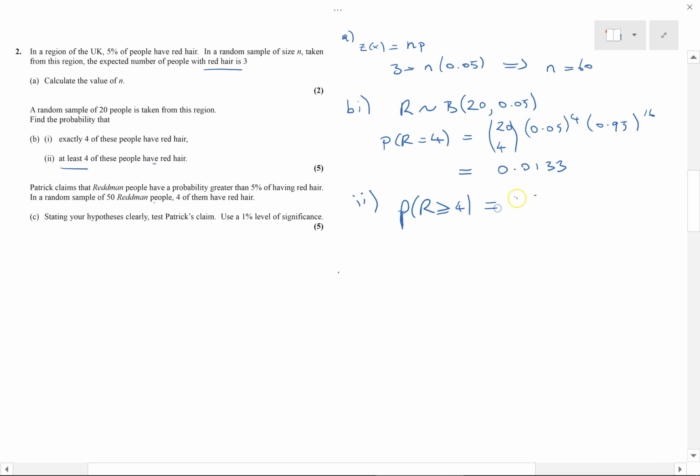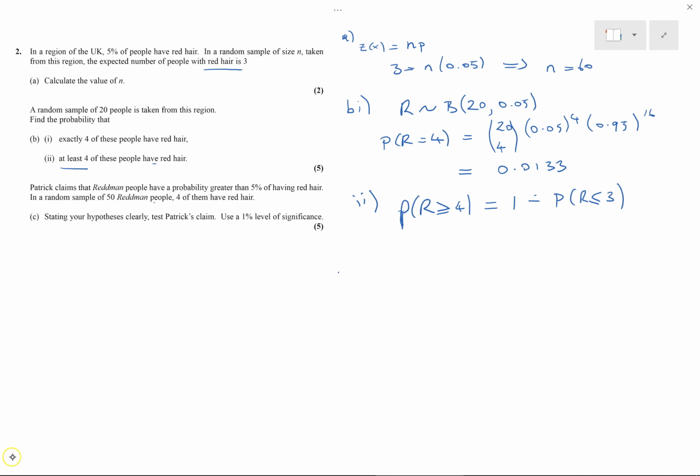Now in order to adjust it so that tables can be used, we can say 1 minus the probability that R is less than or equal to 3. Okay, and now we're going to go back to the tables to find that number, because otherwise we're going to have to add 4 binomials together, 0, 1, 2 and 3, so it'd be quicker to use the table.